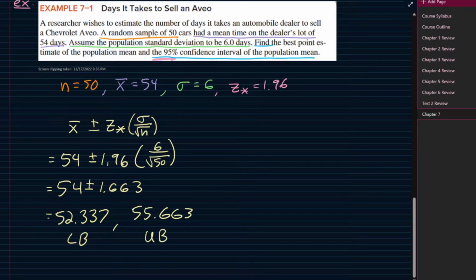So this is our answer. Let me just draw a picture of what's going on here.